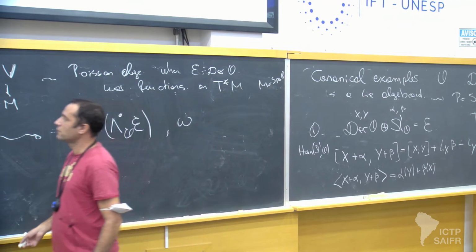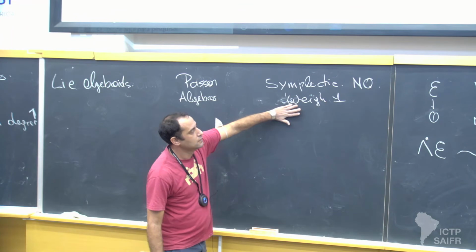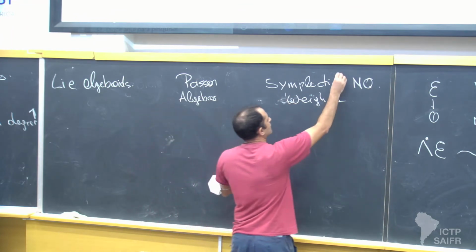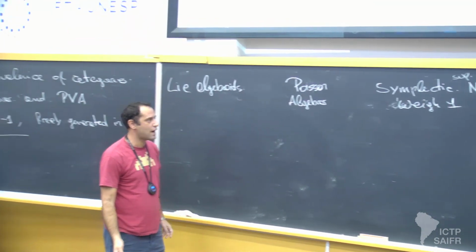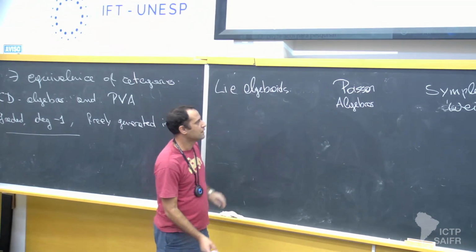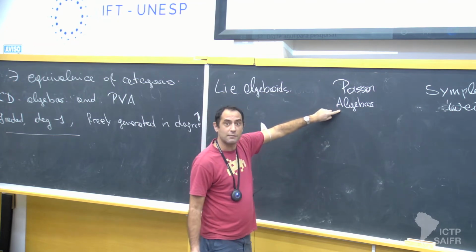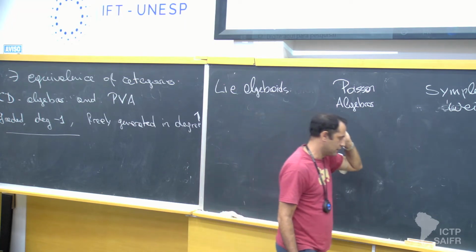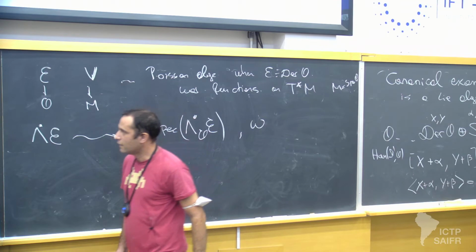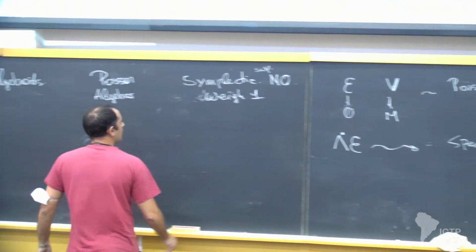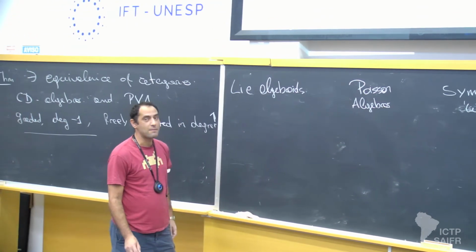And this is again an equivalence: if you look at symplectic supermanifolds of weight 1 and at what you have in degree 1, that is a Lie algebroid. This is a classical field theory in dimension 0. This thing is the target of a sigma model of dimension 1.